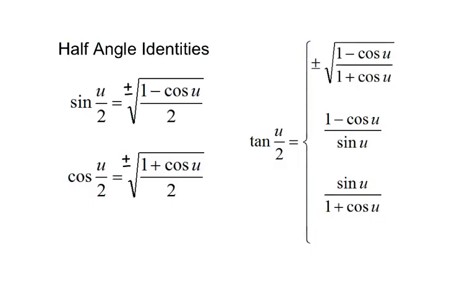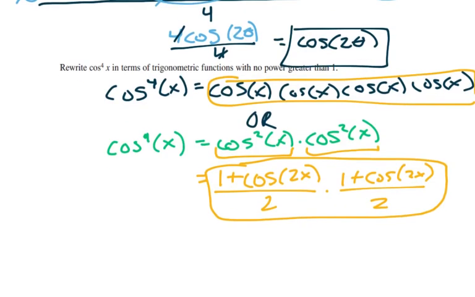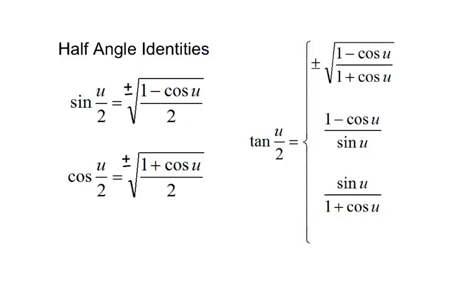All right, so then we have half angle identities. So instead of double angle identities, now there's a half involved inside of the sine or cosine or tangent. And so the idea is that it's a half of u instead of 2 of u, or the variable. And so now we have all of these options. So anytime that you are trying to get a half of one of the standard angles that are inside of the unit circle, you can use sine of u over 2 equaling this idea here.